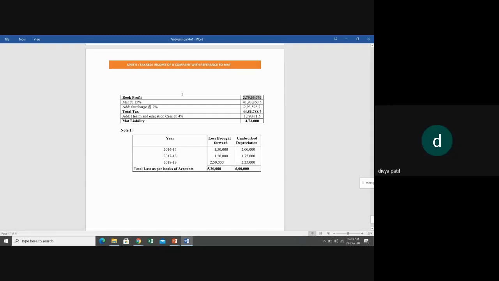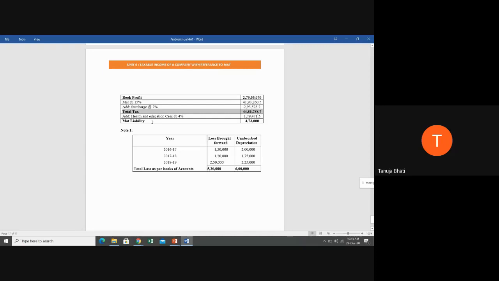7%. So add surcharge at 7%. Surcharge is always tax on tax. So already your tax liability is 41,93,260. So you're going to add 7% of 41,93,260. You get 2,93,528. This becomes your total tax.